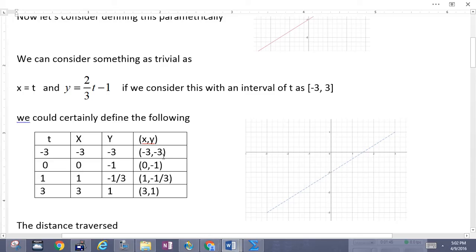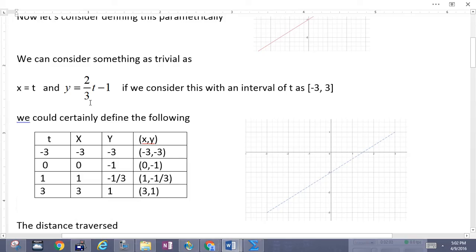So we're getting (-3, -3) at the outset, which is our point down here where it starts. Then for t equal to 3, we get x equal to 3, and 2/3 of 3 is 2, minus 1, which is 1. So (3, 1).